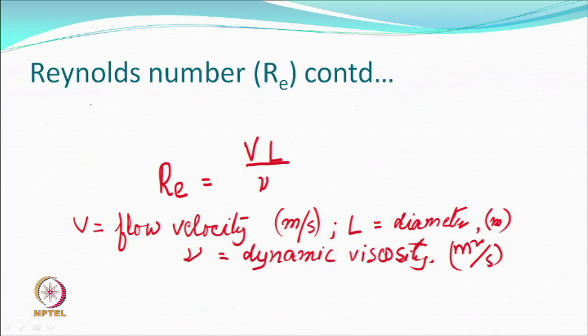So, this also is related to velocity, the diameter and viscosity. So, higher is the viscosity, lower is the Reynolds number. So, the thicker fluids will generally have a tendency to move in a parallel Newtonian flow type of thing. The lesser is the viscosity, it will flow in a rapid manner.